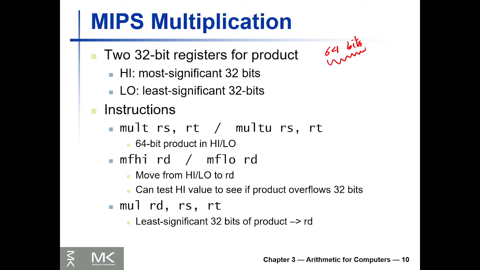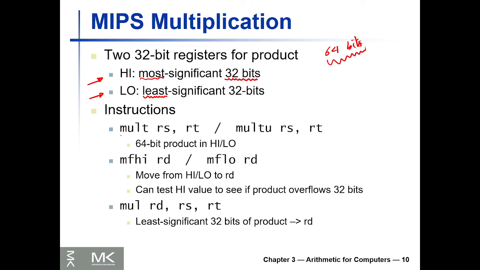But there is no register that has 64 bits, because all registers in MIPS are 32 bits, because this will make the design faster and simpler. So for this reason you have two registers in MIPS, one called HI, one called LO. The HI register will store the most significant 32 bits, and the LO will store the least significant 32 bits.